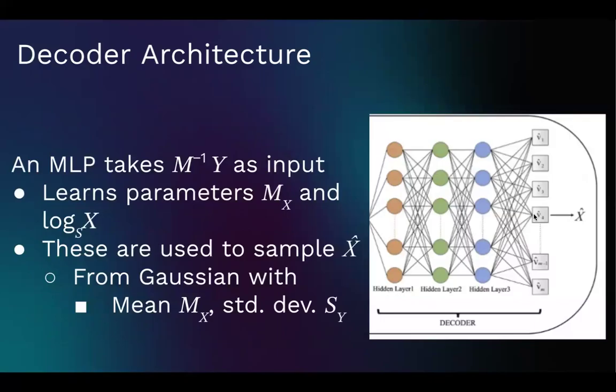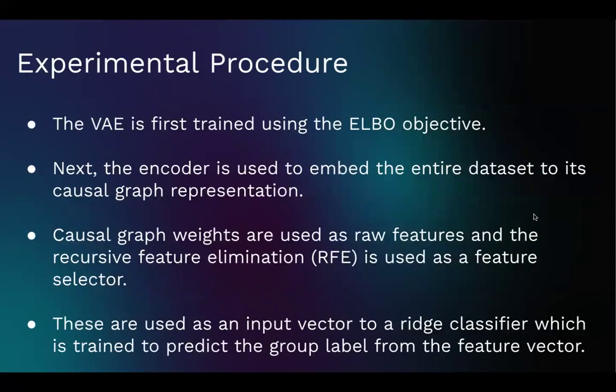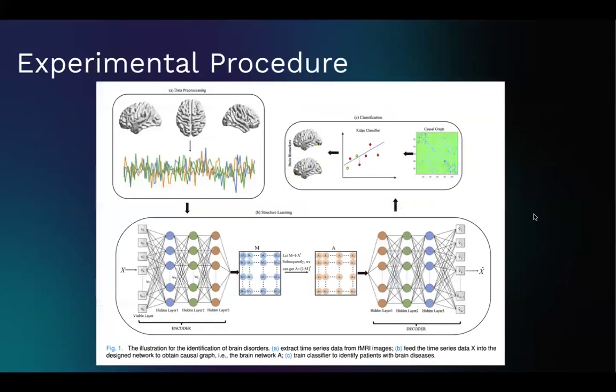So this is a brief overview of how this works. They take the fMRI time series and use the AAL atlas to separate it into regions of interest, where each region has its own time series. They provide this as input to the model, and the model tries to reconstruct the fMRI time series as we just described.